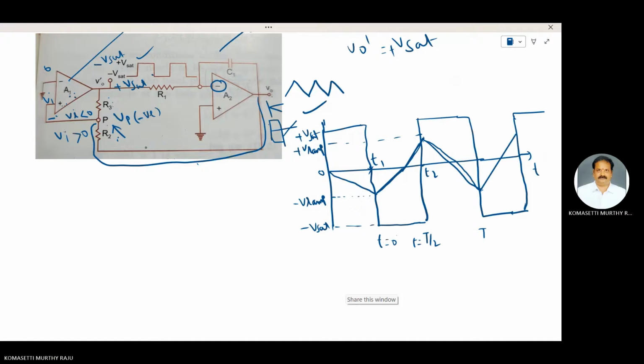Here, some current directions are indicated. This one is I2. This current is IB plus. The current flowing through this is I3.